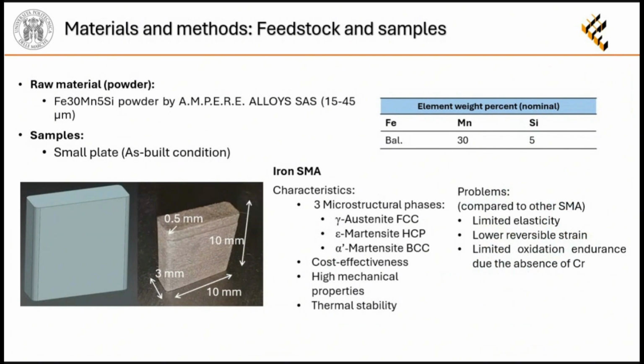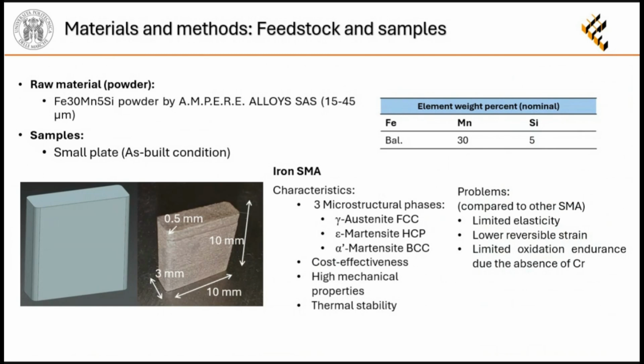The raw material that we use is an iron shape memory alloy. The composition is 30% manganese and 5% silicon. The samples that we built are small plates of 10 by 10 by 3 millimeters with a lateral fillet of 0.5 millimeters.